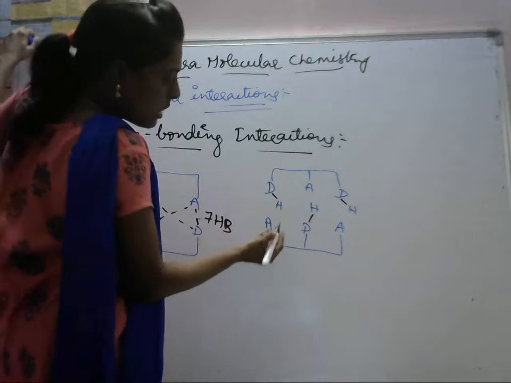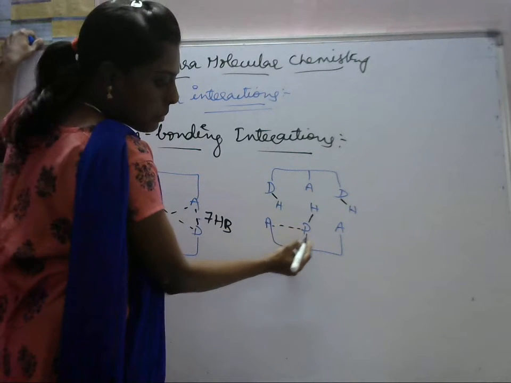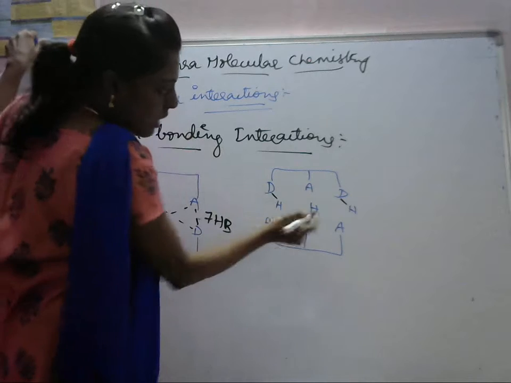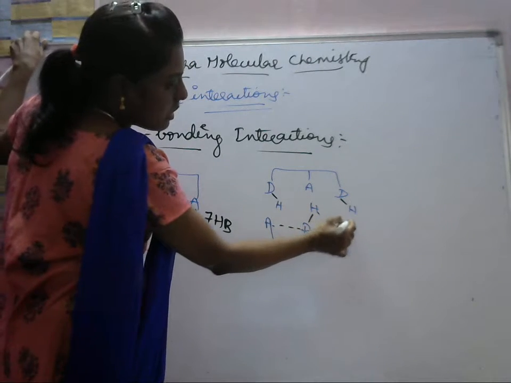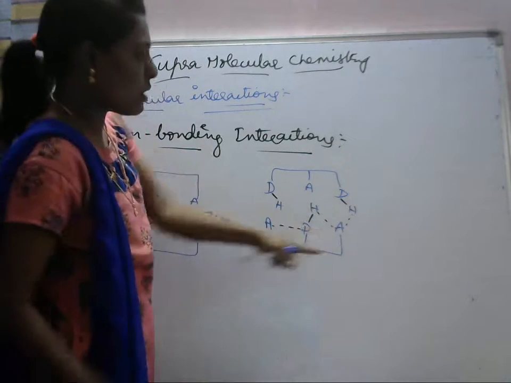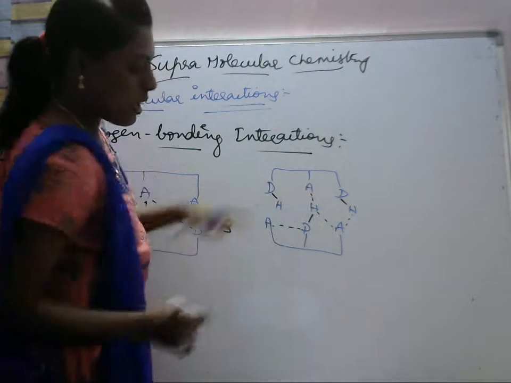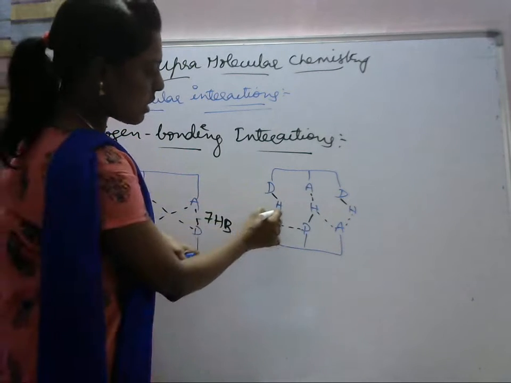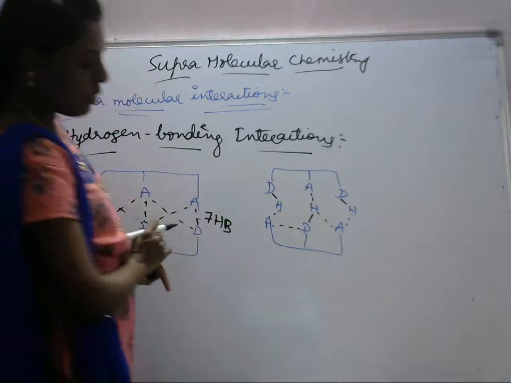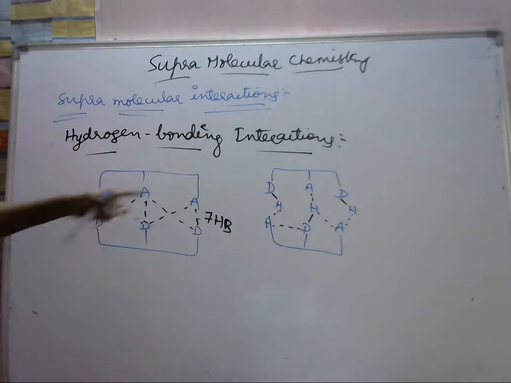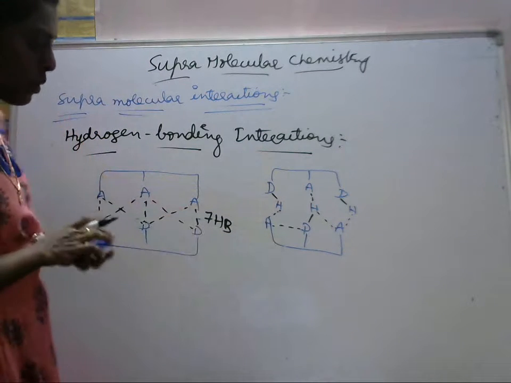So how many interactions are there here? Here the acceptor to hydrogen interactions are there, and here also. So this type of interaction is also present.